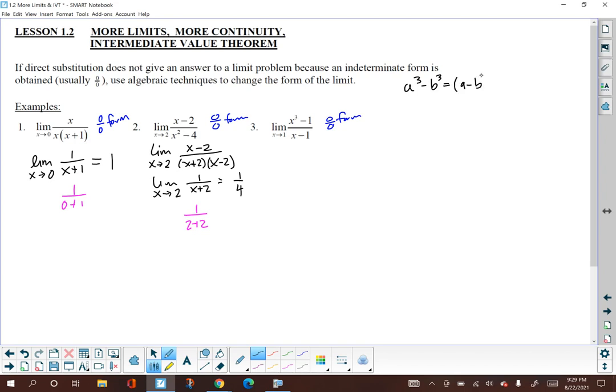It's (a minus b) times (a squared plus ab plus b squared). That's the pattern for factoring a difference of cubes. If you don't have that memorized, that's okay.